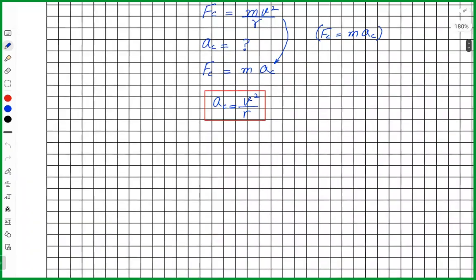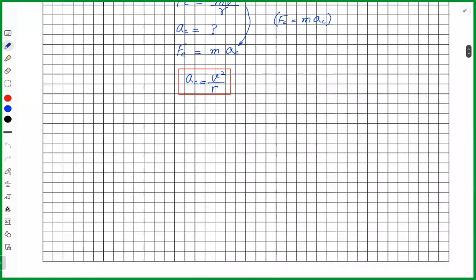Very common examples: a stone is tied with a rope and moved in a vertical circle like this. This is a vertical circle. This is a stone and it is connected to the center of the circular path.